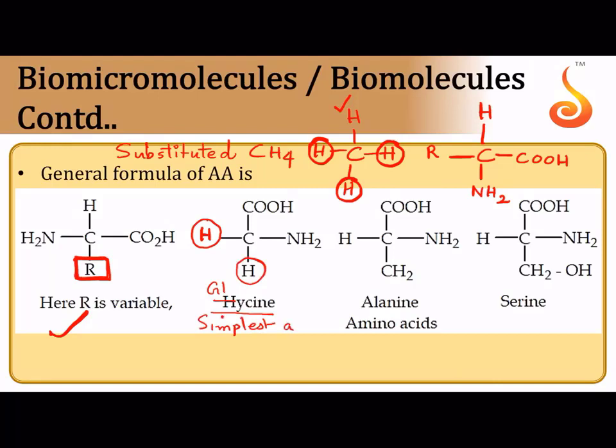Now in alanine you can see the R group is a different one, it is CH3. In serine you can see it is CH2OH, that is a hydroxymethyl group. So it may be a hydrogen, a methyl group, or a hydroxymethyl group. So what is differing from one amino acid to the next? The R group is differing from one amino acid to the other.